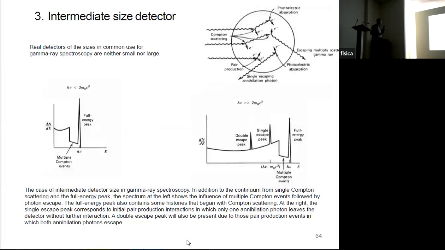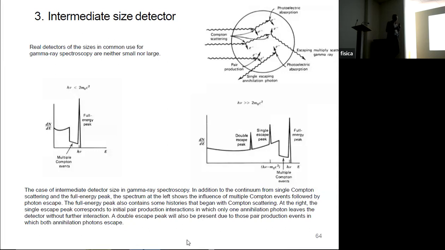and the picture will be very similar to the first one, but compared to small detectors, we can get a picture, for example, like this, where you have a Compton continuum, a full energy peak, and also some events due to so-called multiple Compton events.